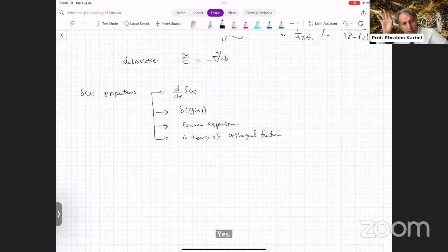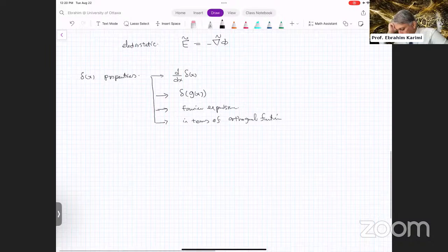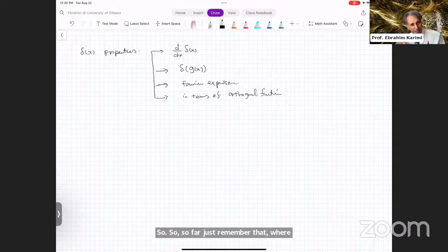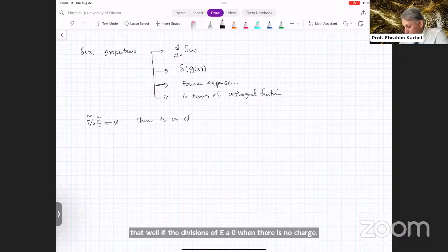Well, so far I want to make sure that people understand the Dirac delta, and by the way, I will go to the gauges in a few minutes. Just remember where the Dirac delta appears in the calculation. If you recall, I said that the divergence of E is 0 when there is no charge distribution.